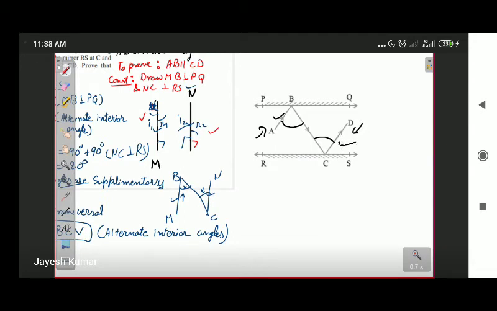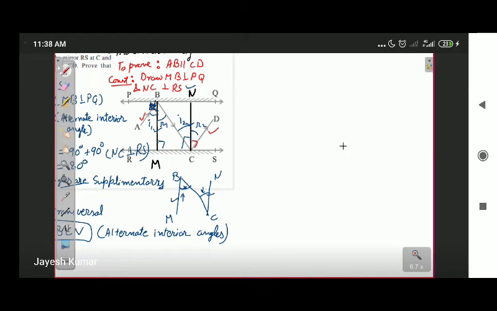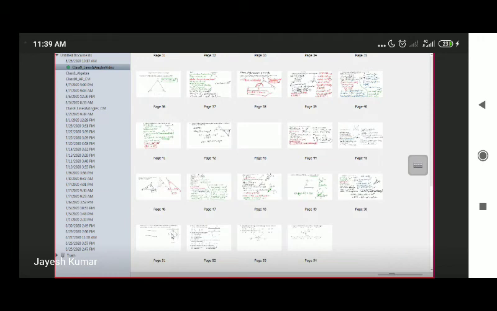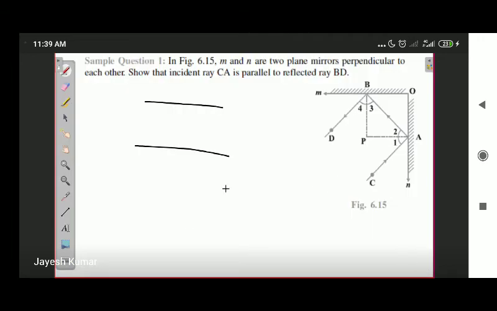That means the lines are parallel. Okay. So we used the properties of parallel lines in order to prove that the incident ray and reflected ray are both parallel.